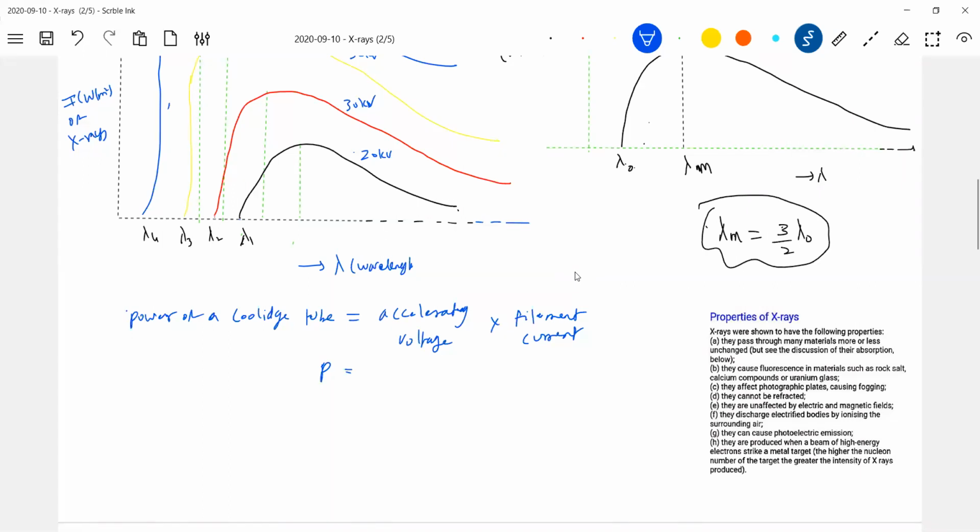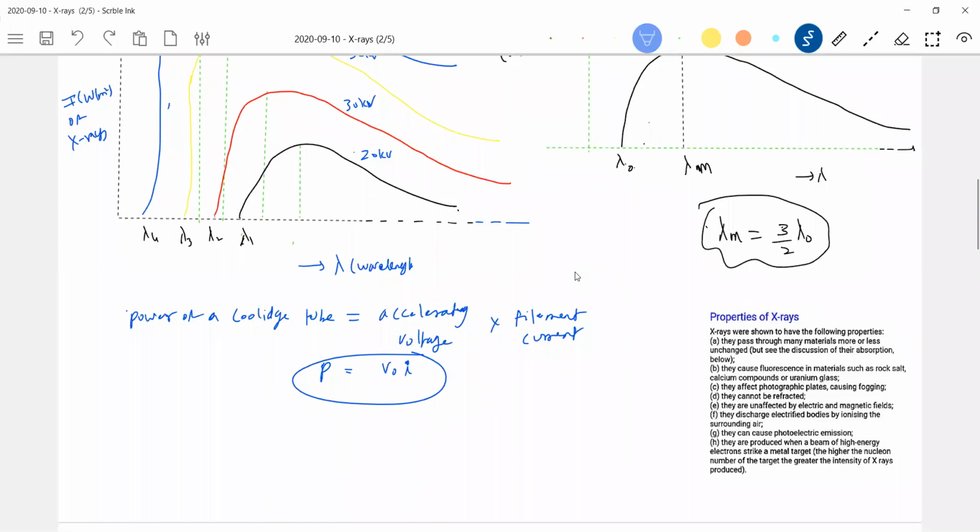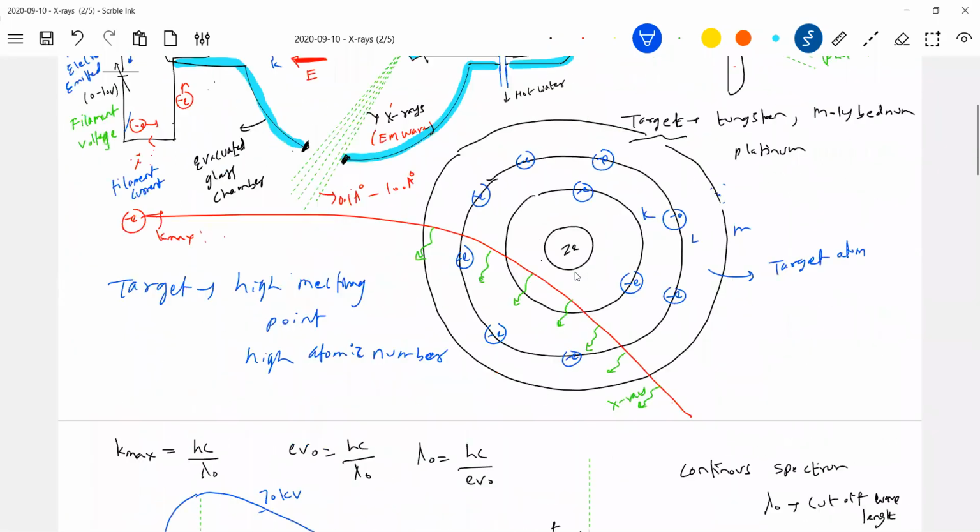You write it as P = V naught into I. You will just put it like 80% of power is lost in the form of heat. So how much remains available? 20% is available, and that 20% will become the power of the X-rays. There is a possibility of questions on that. Any questions? Okay, now let's come to this one.